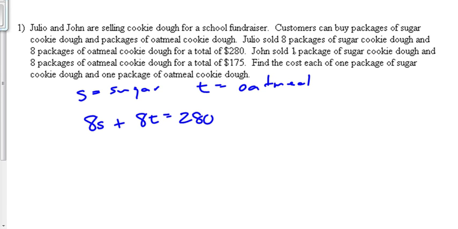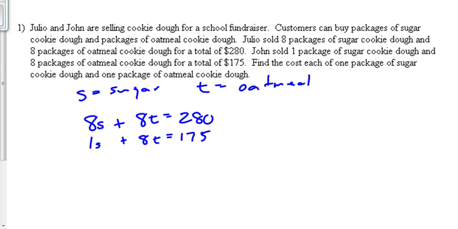All right, John sold 1 package of sugar cookie dough and 8 packages of oatmeal cookie dough for a total of $175. So I'm going to have 1S plus 8T, that equals $175.